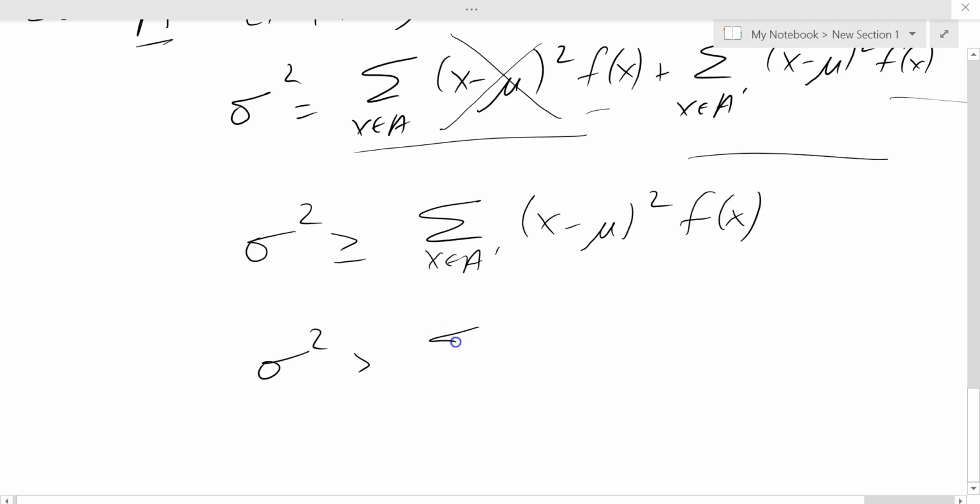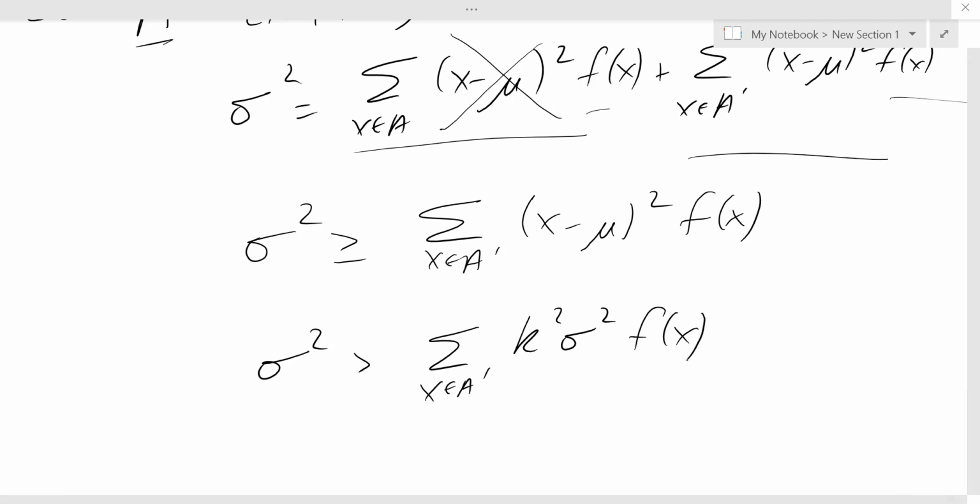This will be the summation for all x in A prime of k squared sigma squared f of x. The x minus mu squared is bigger than this, right? That's where it went. I just replaced it.